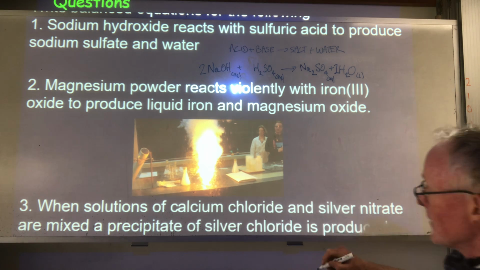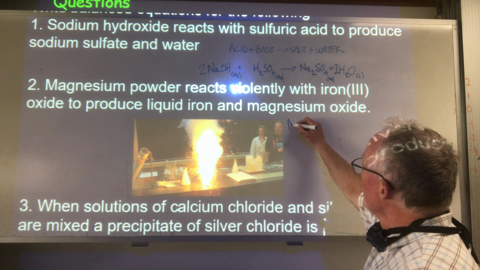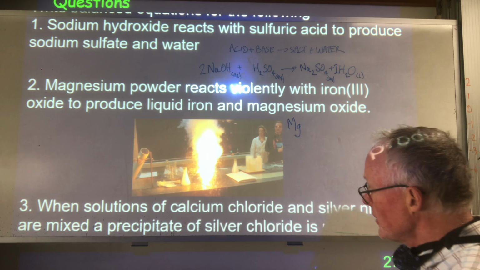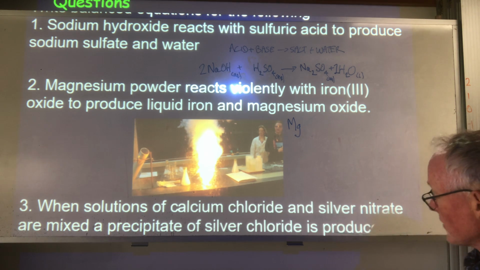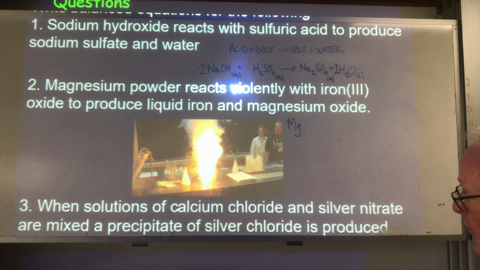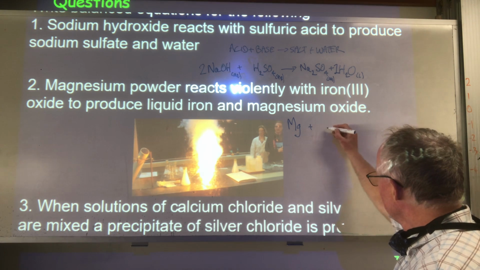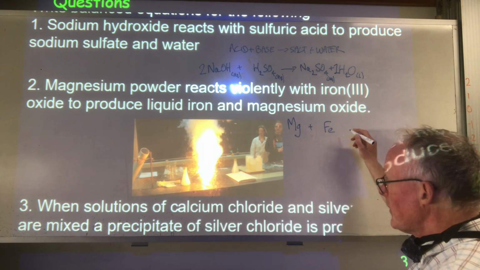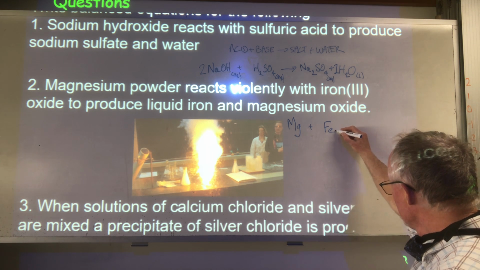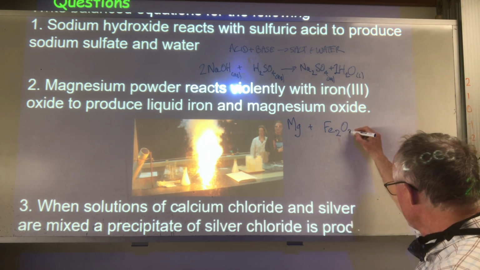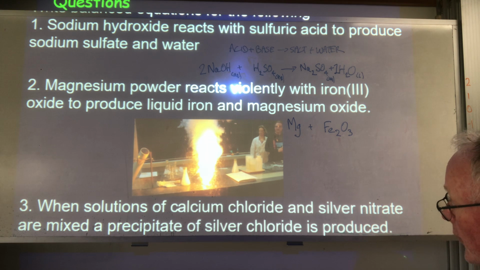So what's reacting? Magnesium powder. So that's metallic magnesium, just Mg on its own, no charge because it's the solid. It's the elemental solid. Is reacting with iron 3 oxide. So that's Fe3 plus. And if you remember all your ions, Fe3 plus and O2 minus means it's going to end up as Fe2O3.